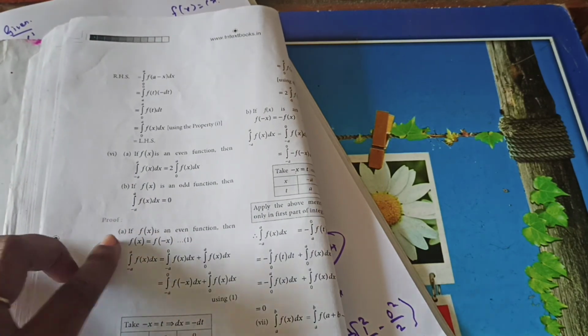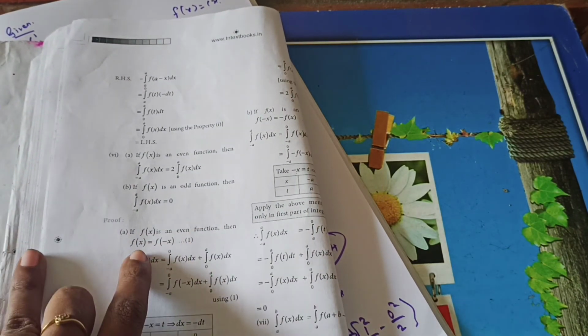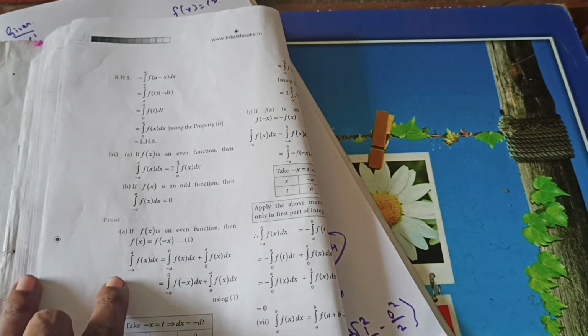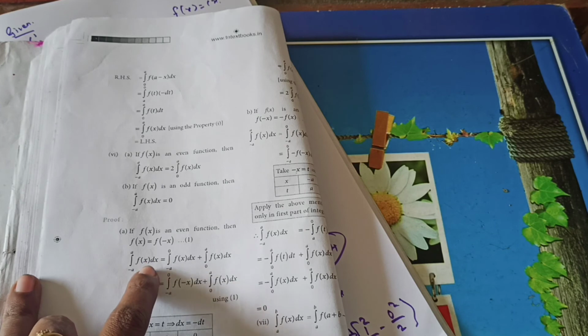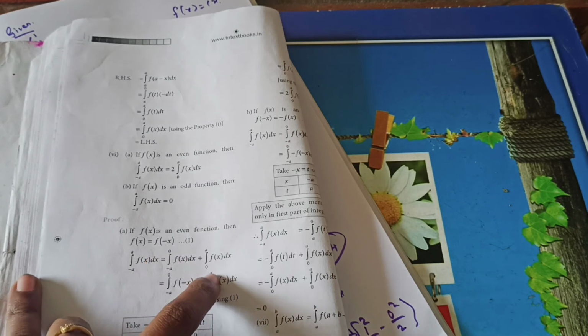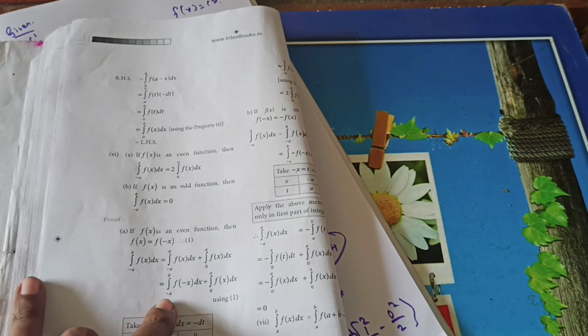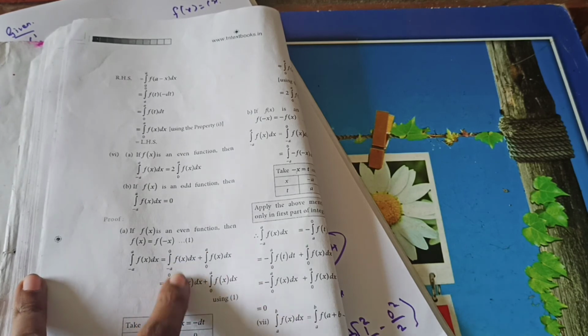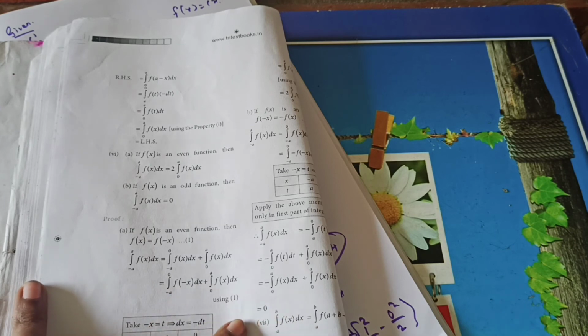Okay, then if f of x is an even function, then f of x is equal to f of minus x, which you have learned in the previous section. So integral of minus a to a f of x dx, how will you split it? As minus a to 0 and 0 to a. Then for minus a to 0, this f of x can be written as f of minus x. Already I taught you 0 to a f of x dx.